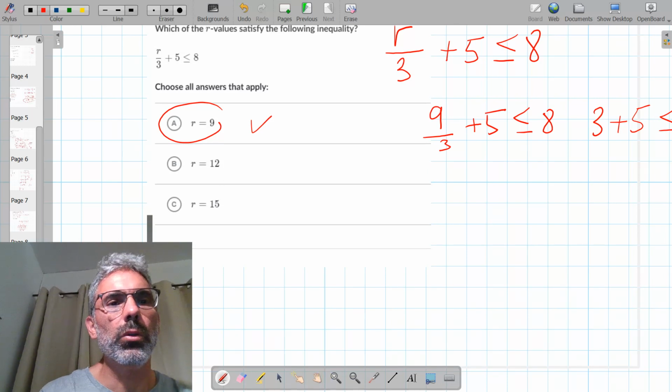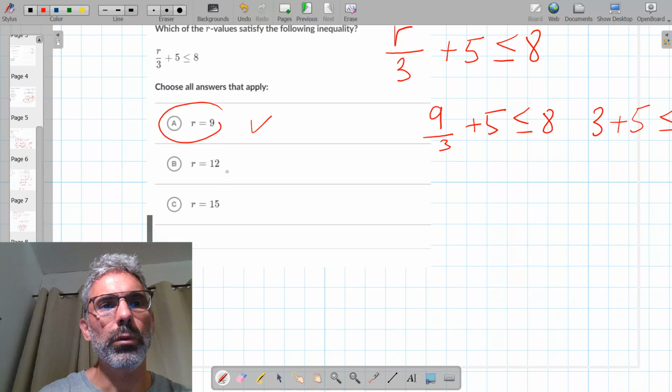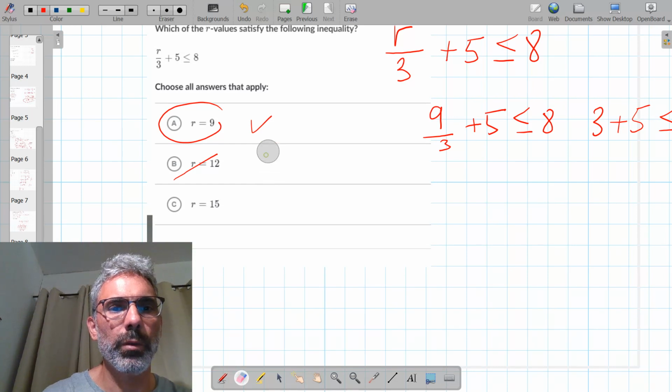Or 12 divided by 3 is 4. 4 plus 5 cannot be less than or equal to 8. It's not, because 12 divided by 3 is 4. So 4 plus 5 is 9. So 9 is not less than or equal to 8.